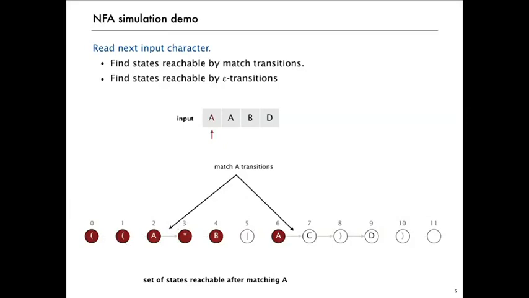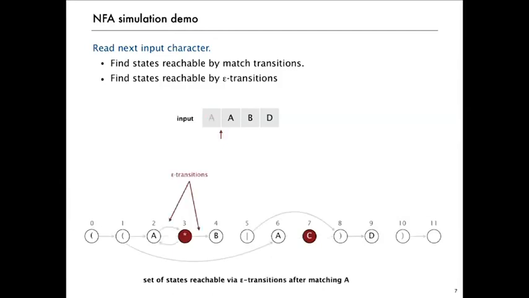So in the first case it goes to 3, and in the second case it goes to 7. So the set of states that could be reachable just after matching the A is just 3 and 7. But now from those states, it might get somewhere with epsilon transitions. We have to look at the epsilon transition graph. And what states could it go to from epsilon transitions from these two?